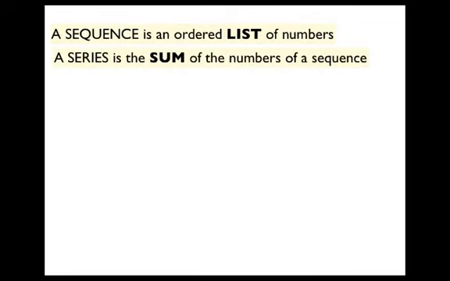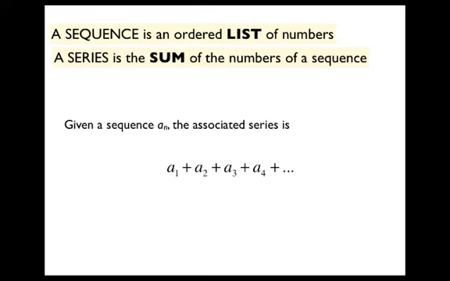A series is the sum of the numbers in the sequence. So given a sequence a_n, the associated series is this: a_1 plus a_2 plus a_3 plus a_4, on and on and on. We're going to be talking about infinite series, so that's why it's dot, dot, dot. You keep adding terms forever.